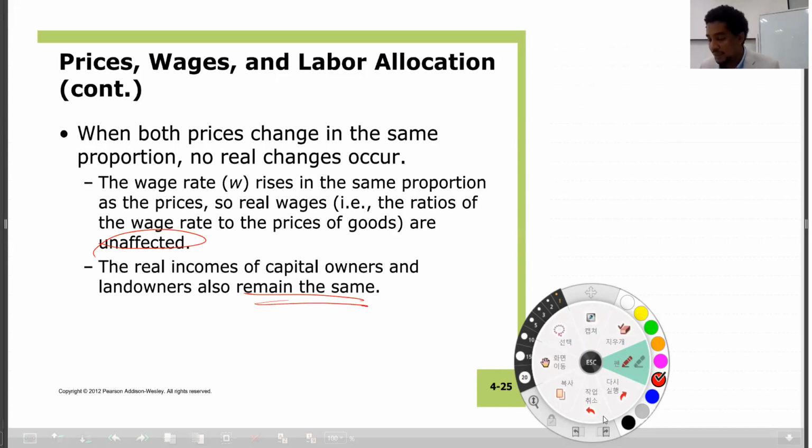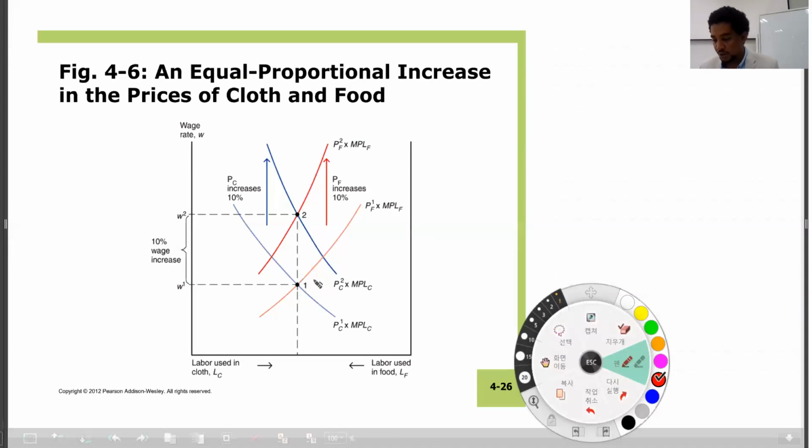You can look at this one. This was the original graph, for production of clothes and production of food, as we have seen in the previous graph. So what if we increase both by 10%? A 10% increase in the price of clothes will move the graph to the right.